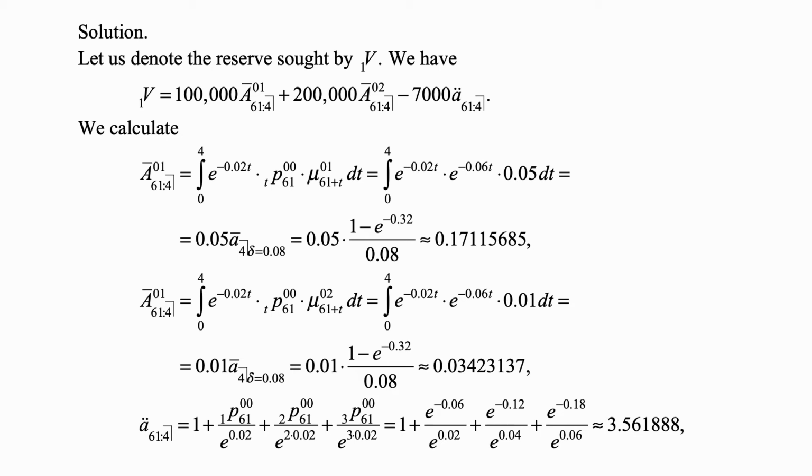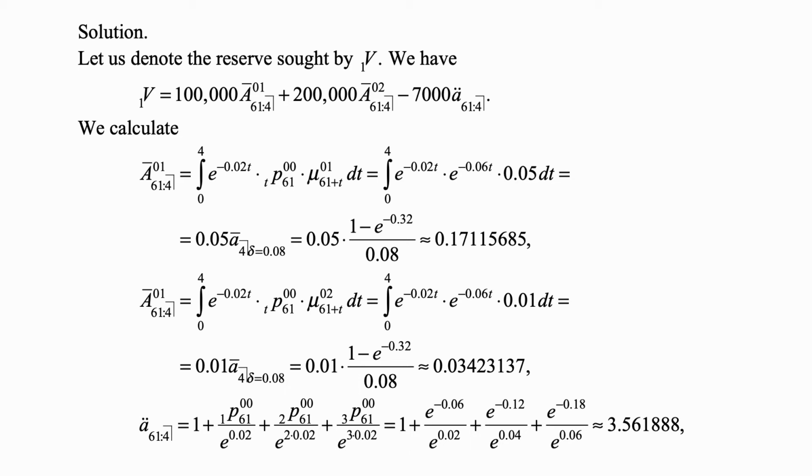That's the probability of survival from death from both causes. That's why we add the 0.05 and 0.01 to get 0.06. So it's e to the minus 0.06 t times 0.05 dt. 0.05 is the force of decrement due to cause 1.